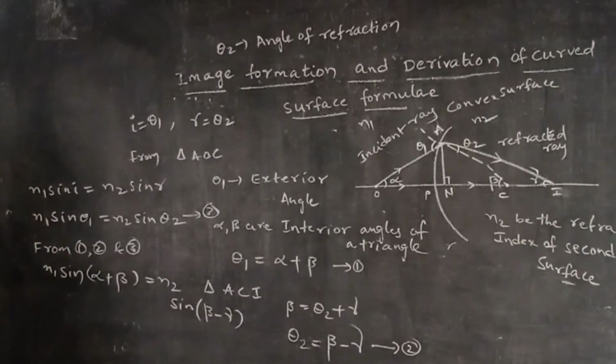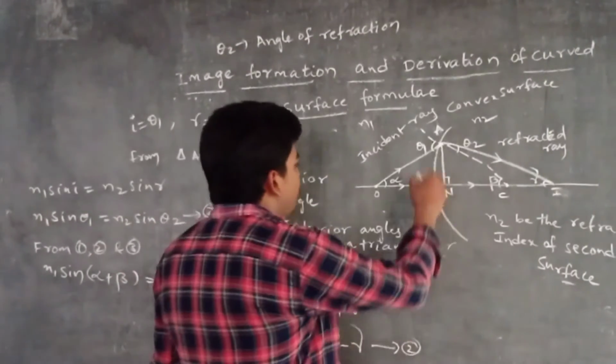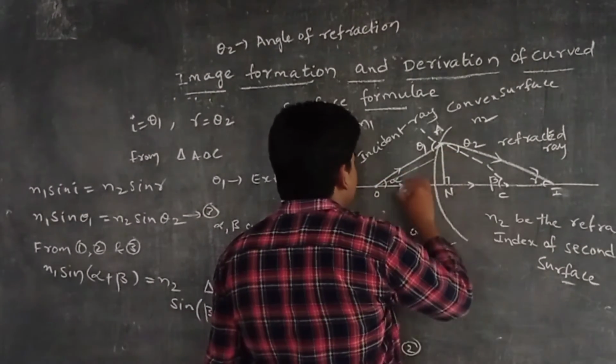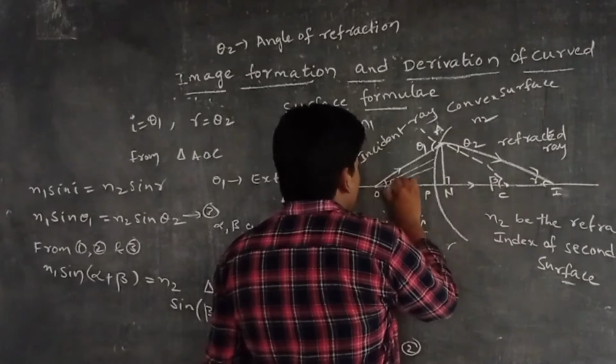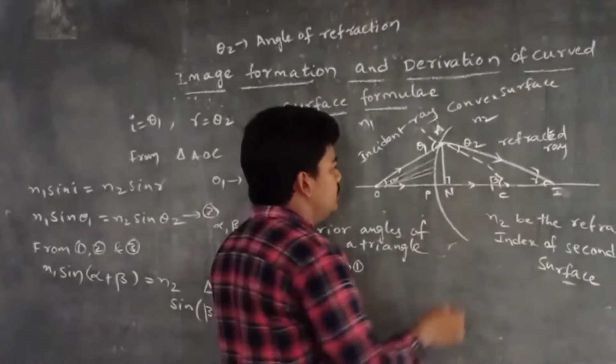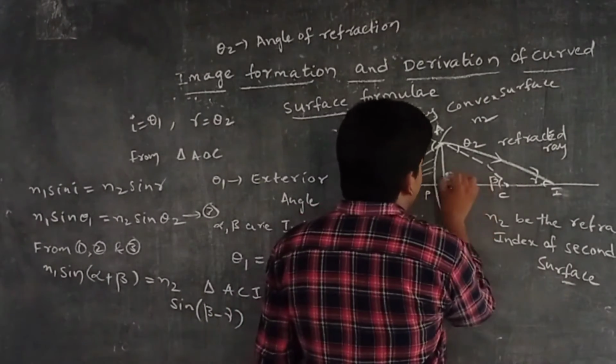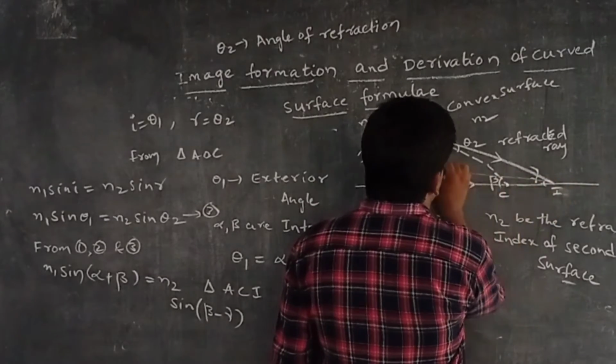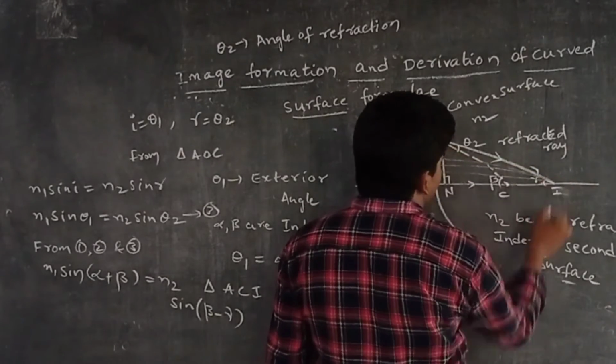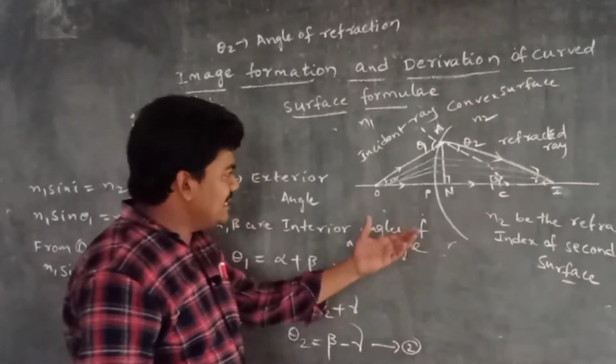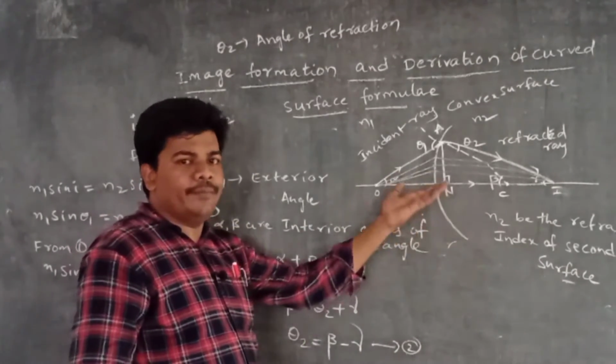When you see here, many of our light rays are traveling in this direction, and they get refracted at different positions. For example, here these are meeting at one particular point. These rays all are coming towards the principal axis.